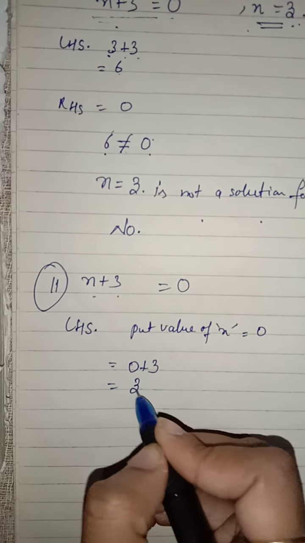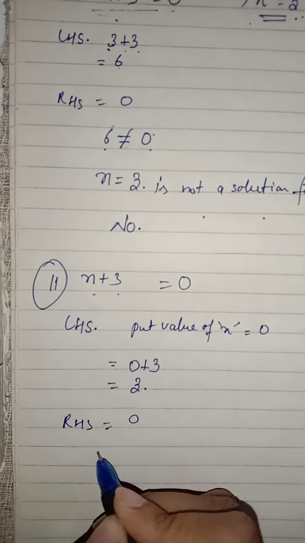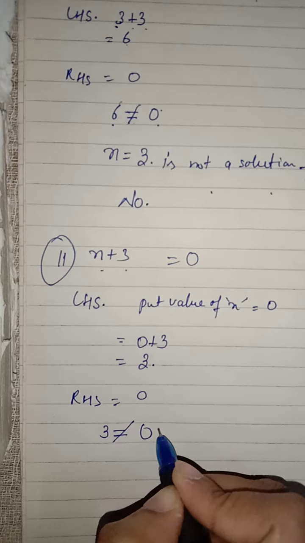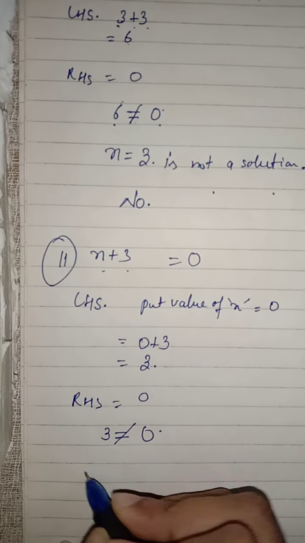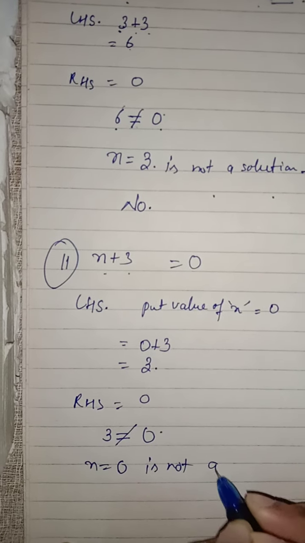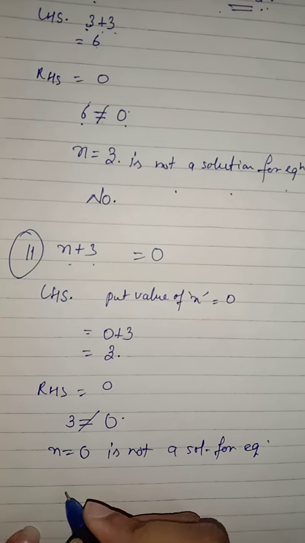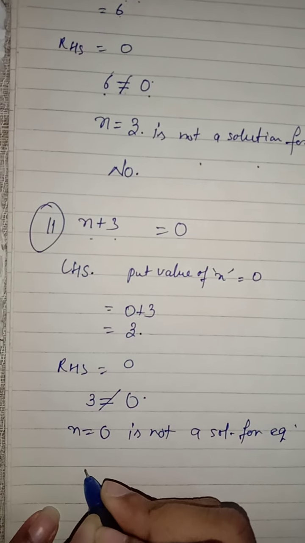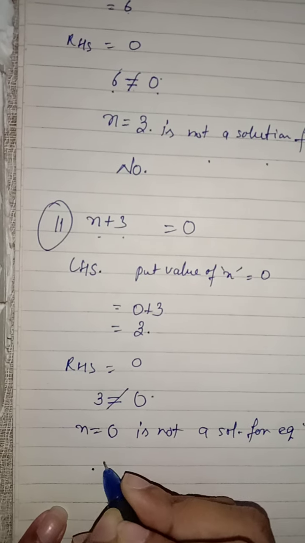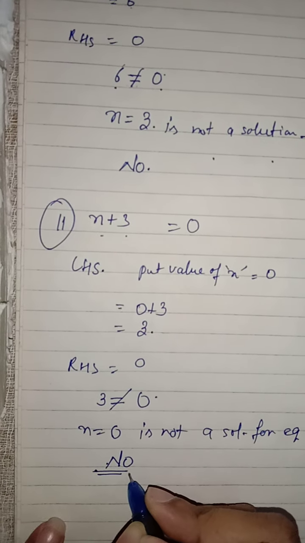It will give 3 on left hand side, and right hand side we have 0. In that way we can see 3 is not equal to 0. So x is equal to 0 is not a solution for the equation. In that way we can say that the equation is not satisfied, and we will write no in the third column.